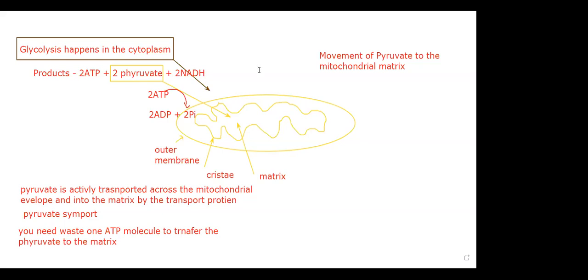Right. Then we are moving to the next part, the link reaction. So this is the reaction between glycolysis and the Krebs cycle. Okay, that is called the link reaction.